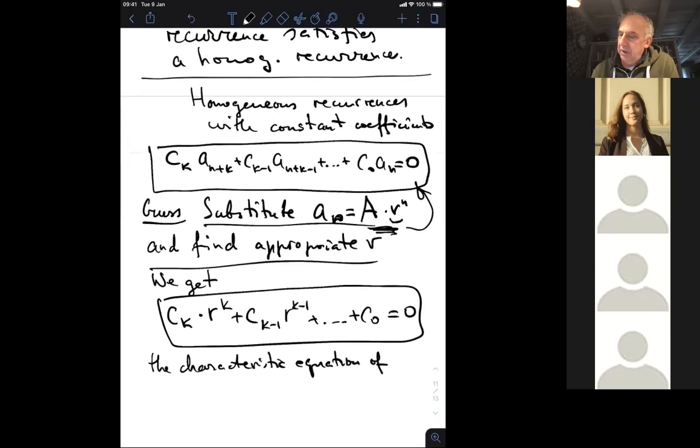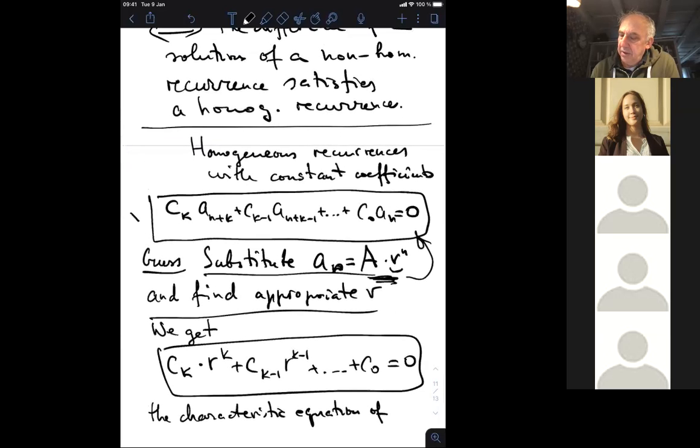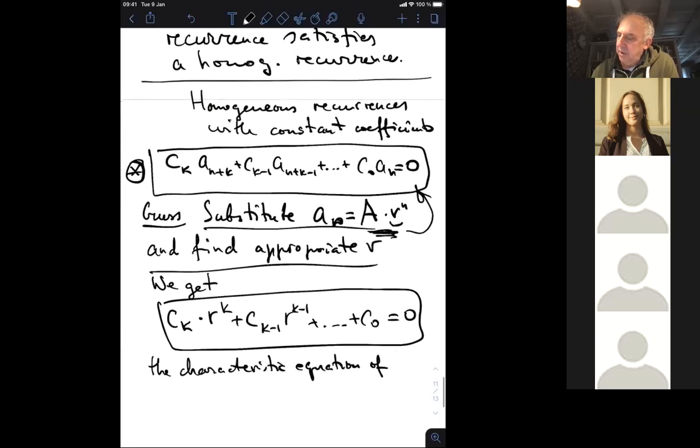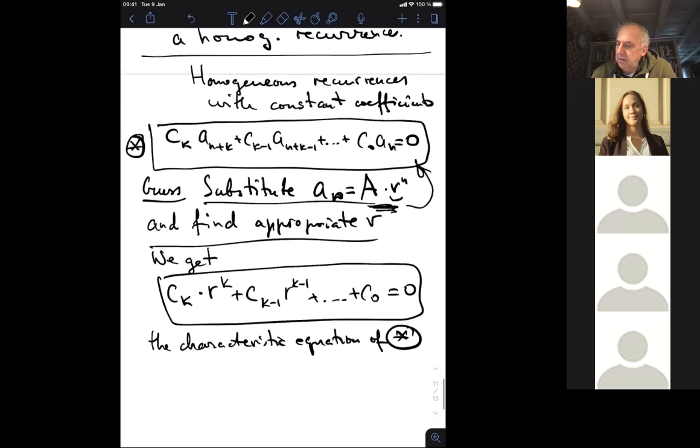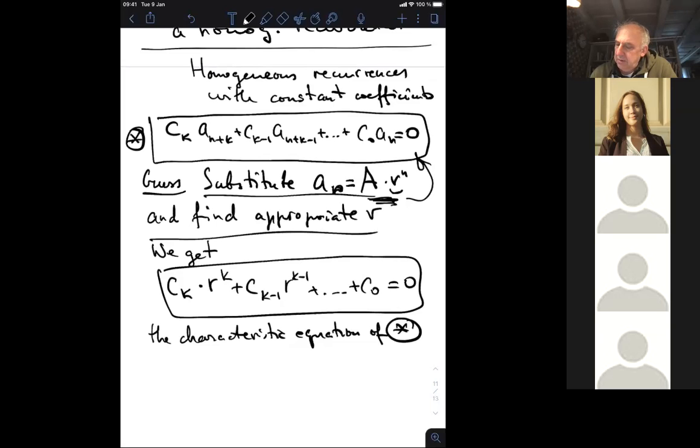Of, let me denote my linear recurrence by star. It's just an algebraic equation of the same order k. And now, if we think a little bit, we can conclude the following. So, remark. Let me denote this by double star.